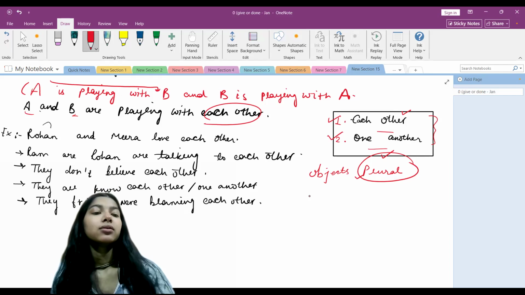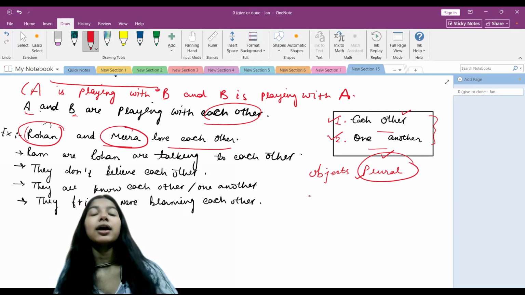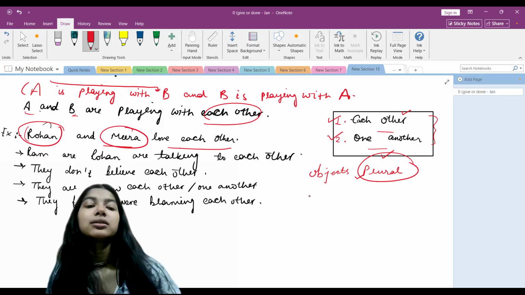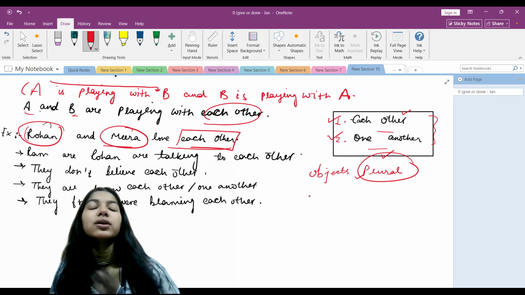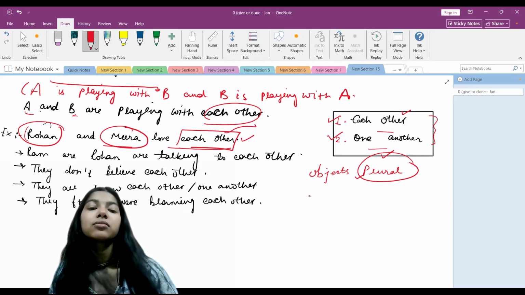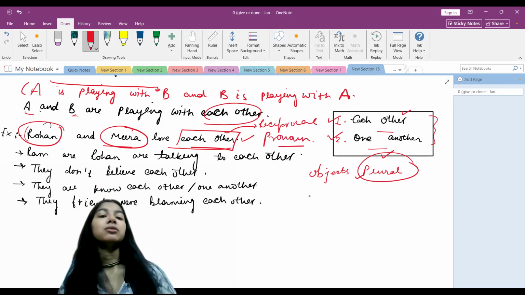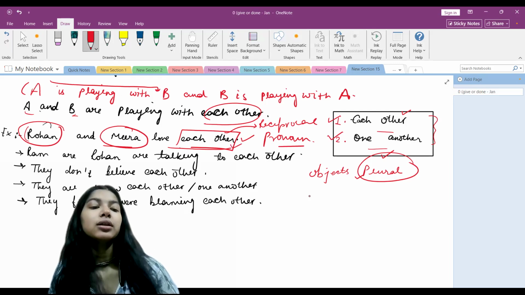Let's take one example: Rohan and Meera love each other. So here are two persons who are loving each other. So it is a mutual action between Rohan and Meera. And since there are two subjects, we use the word "each other," and this is a reciprocal pronoun expressing the mutual action between Meera and Rohan, showing that they love each other.